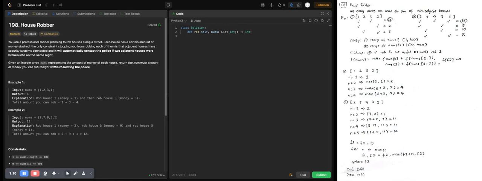Okay, so from the problem description, I can tell that we are given an int array nums, and we want to return the max sum of, I think it should be non-adjacent houses.